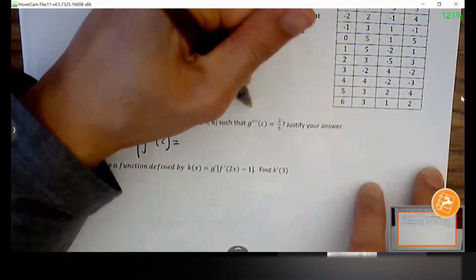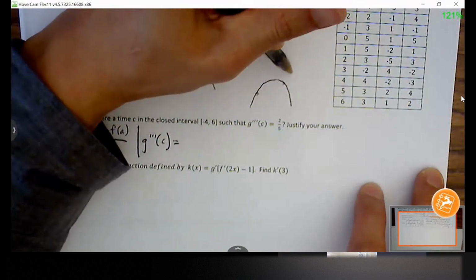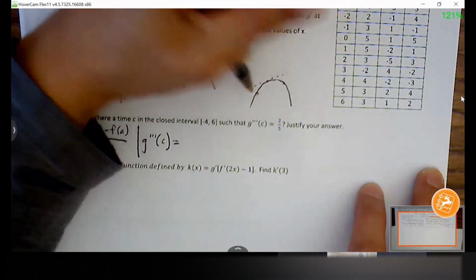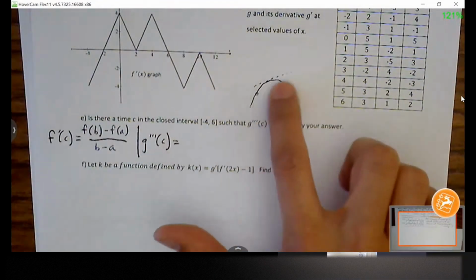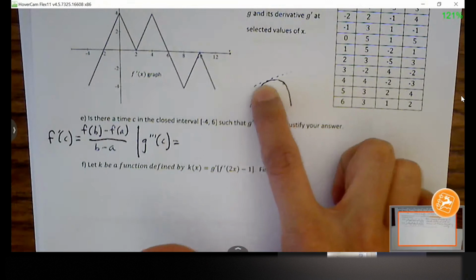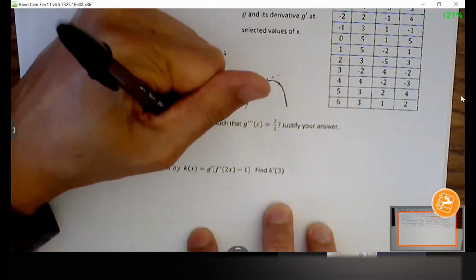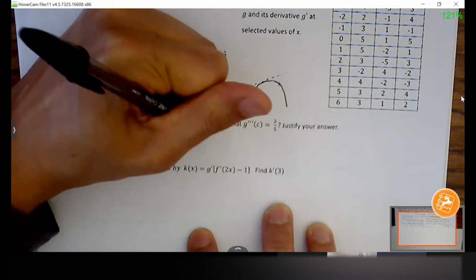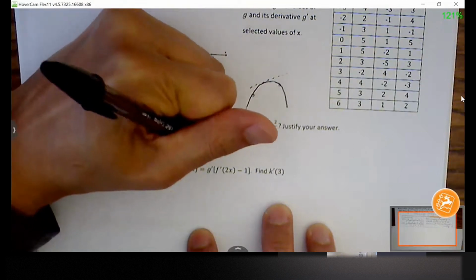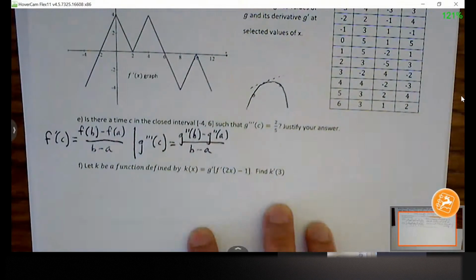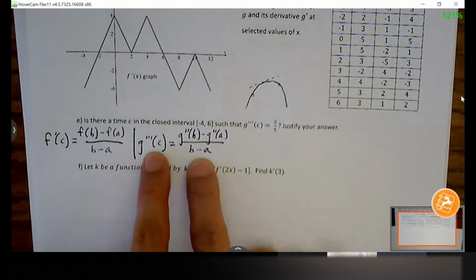Imagine we're looking at a G double prime graph. We can guarantee that somewhere there must be a place where the slope of G double prime is going to be equal to a value. And we call that slope of G double prime, G triple prime. So we're just taking mean value theorem and adapting it for our problem.